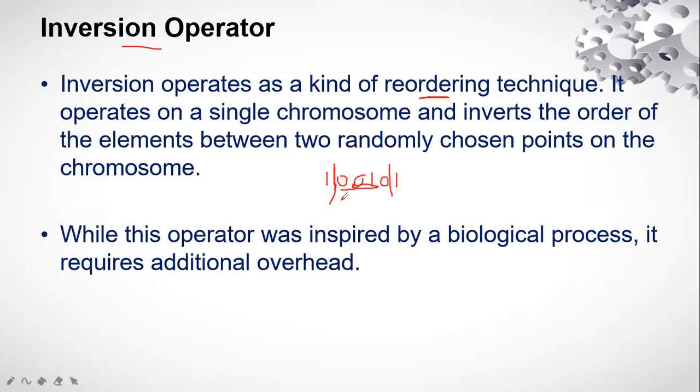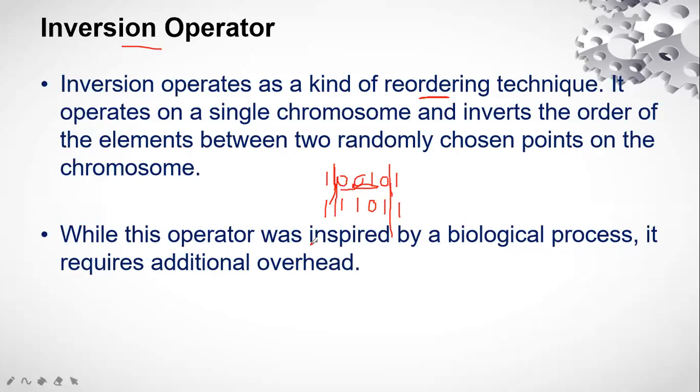Inverted means for 0 it will now be 1, for 0 it will again be 1, for 1 it will be 0, and for 0 it will be 1, and the others remain the same as 1 here and 1 here. So I have just randomly selected the two sites, as we have done in the crossover operator also, and we are going to invert the bits.